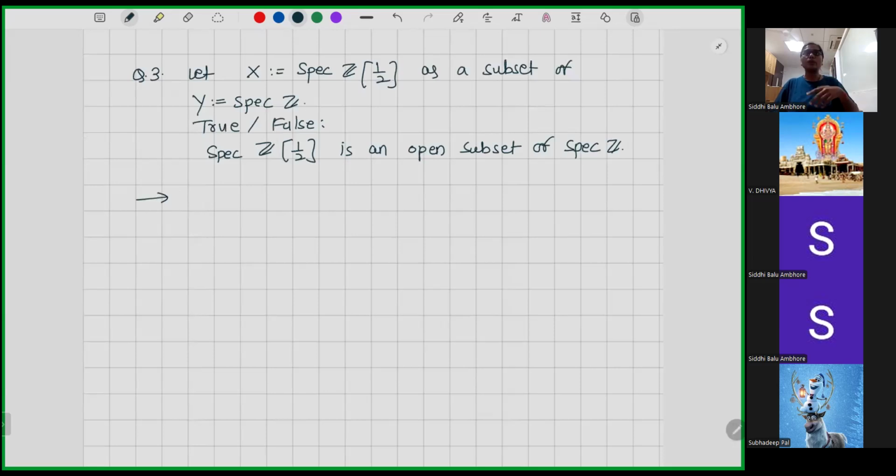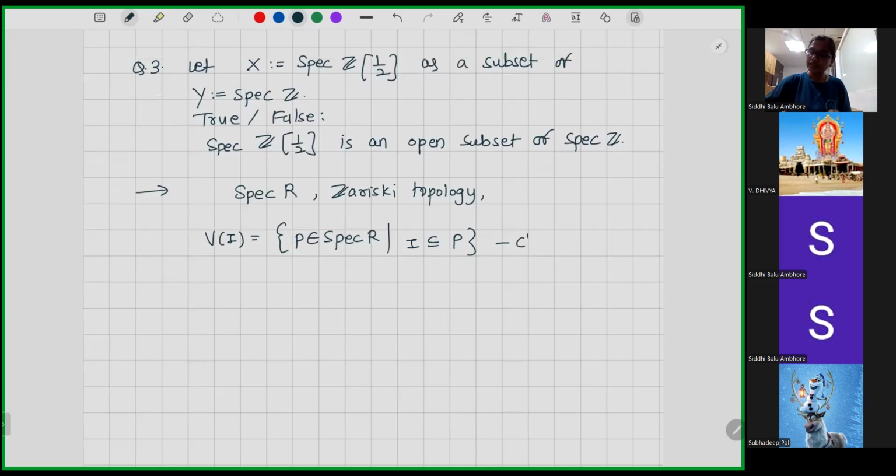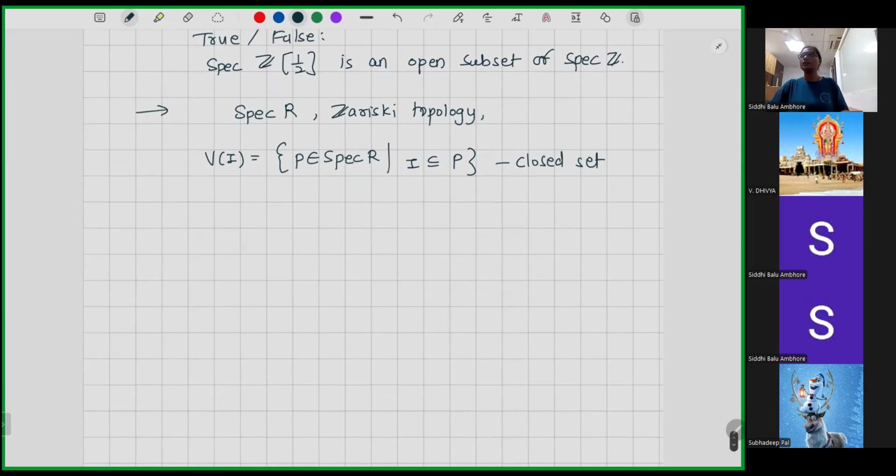So what are the elements of the Zariski topology? For Spec R with the Zariski topology, V(I) is equal to all those elements P in Spec R such that I is contained in P. These form the closed sets of this Zariski topology.